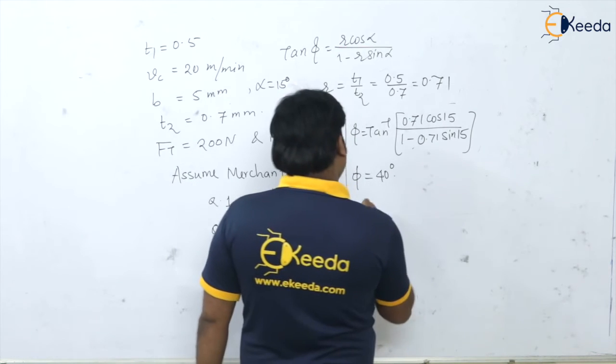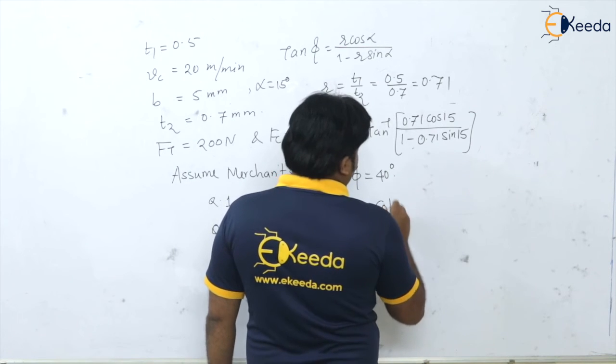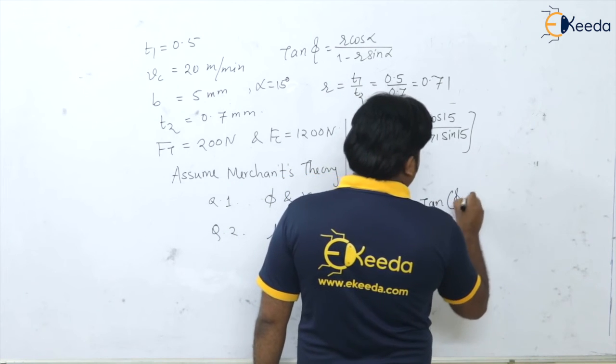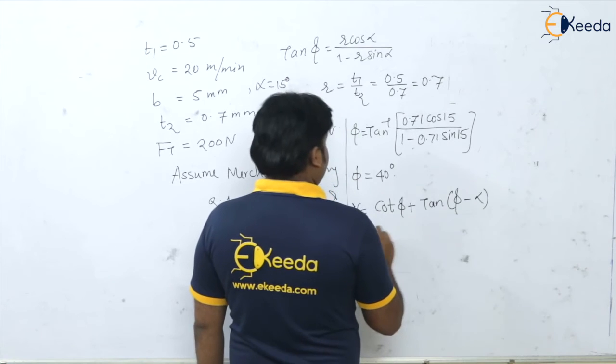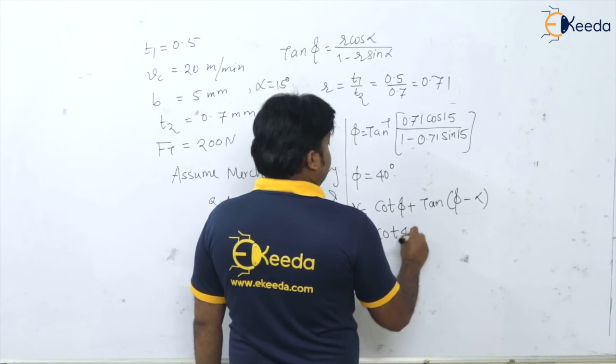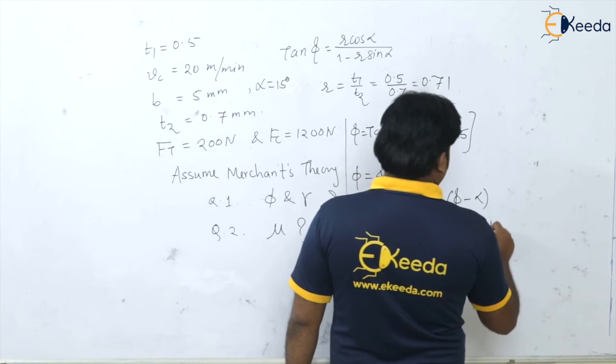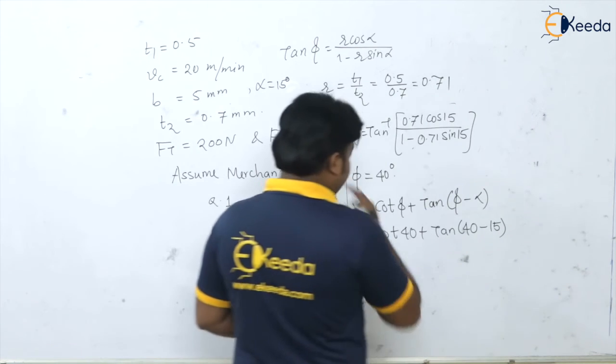We know the formula, gamma is equal to cot phi plus tan of phi minus alpha, isn't it? So phi is 40, so cot of 40 plus tan of 40 minus 15, that is 25.